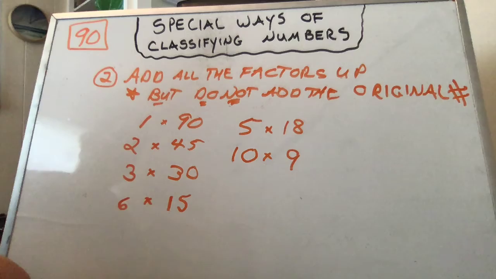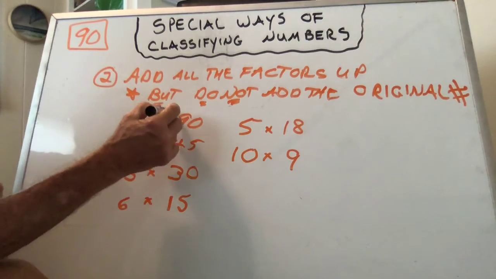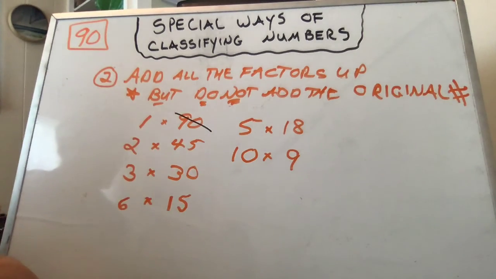So you add the 1 part, but you don't actually add the 90. So we're going to add all the others, but not the 90 itself.